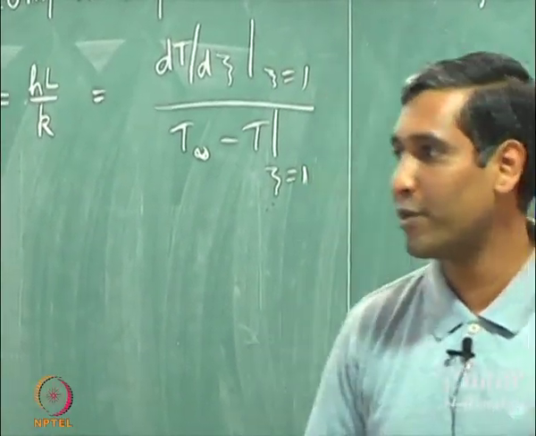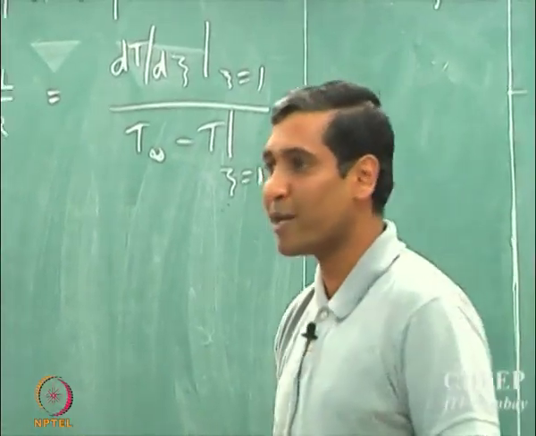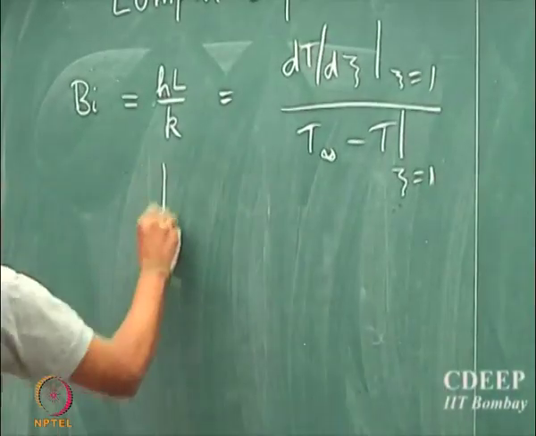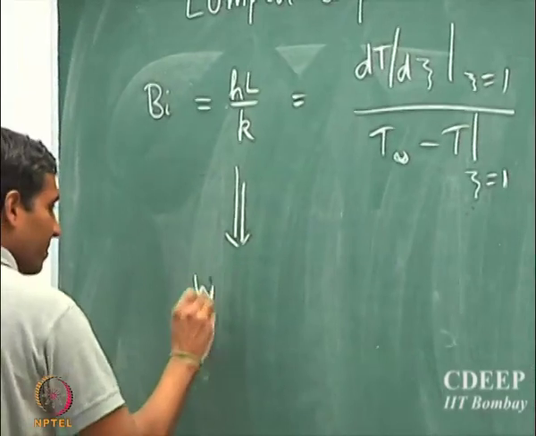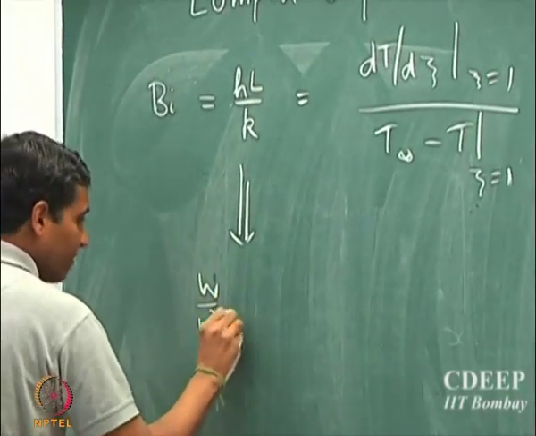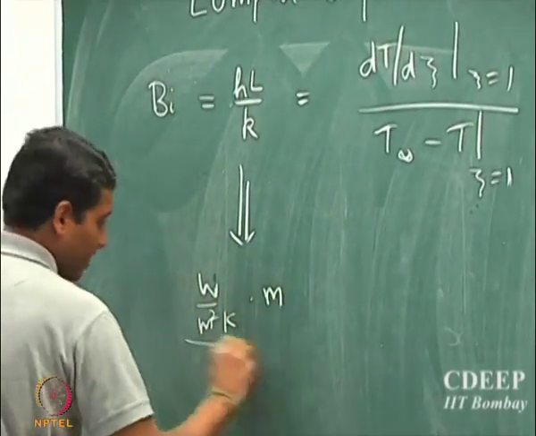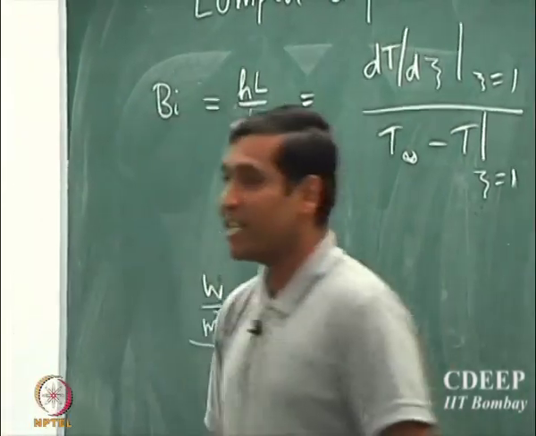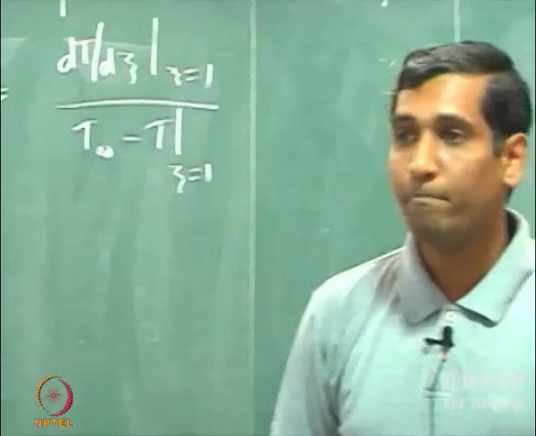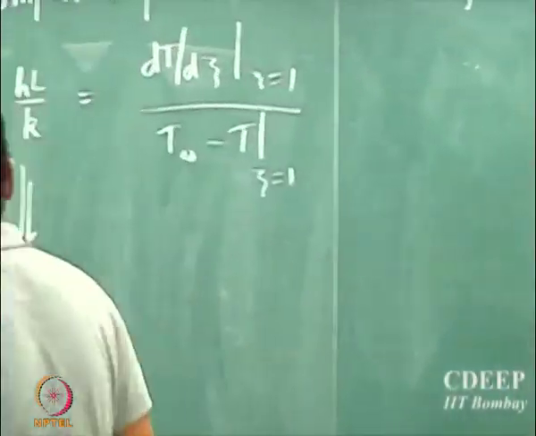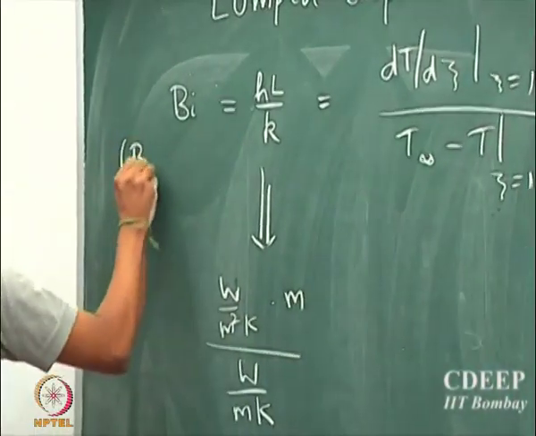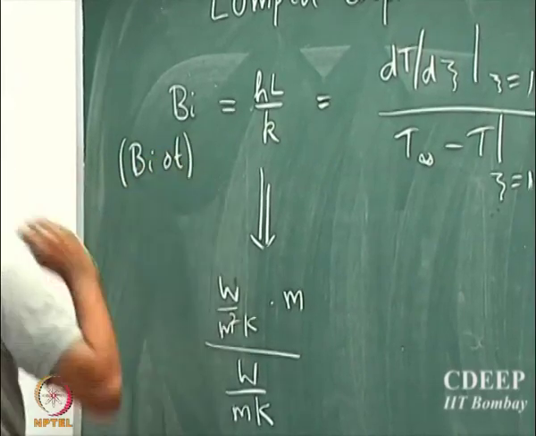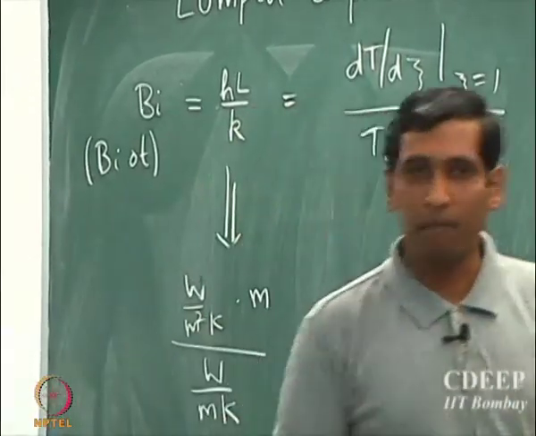So heat transfer coefficient unit is watt per meter square per Kelvin. Okay. So the units here are watt per meter square Kelvin multiplied by meter divided by watt per meter Kelvin. So this is a dimensionless quantity. It's called the Biot number. It's written as B-I-O-T. It's spelled as B-I-O-T. It's called the Biot number.